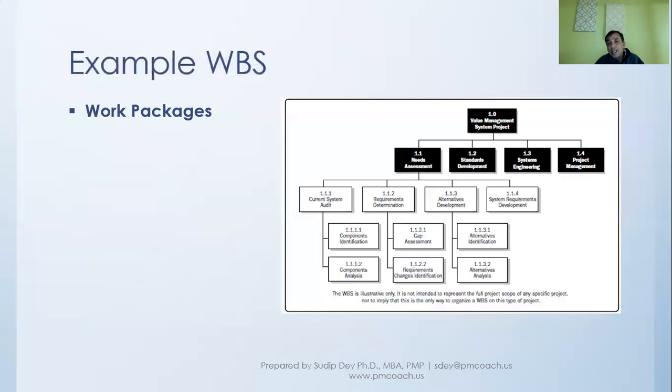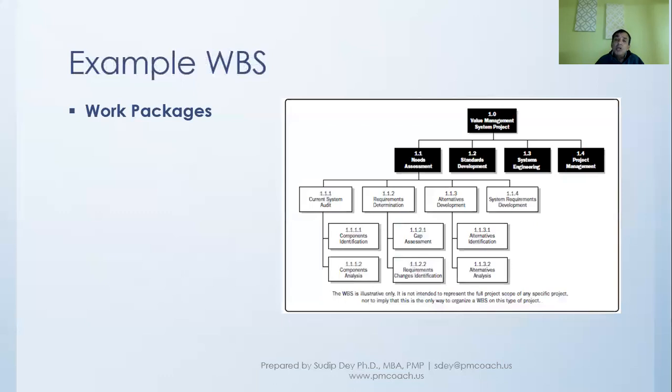Now, this is a WBS where we are showing that just one deliverable has been broken down to the work package level. For example, if it is a value management system project, at a higher level the deliverables are needs assessment, standards development, system engineering, and project management.